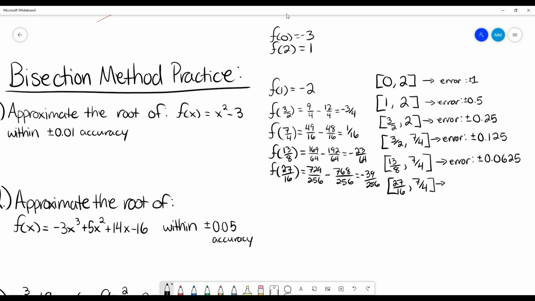7/4. And now our maximum error is, let's see, what is, oh Lord, okay. Hold on. So that's 27/16, and then that's, what did we say that was? 28/16, so they're 1/16 away, so our error is going to be 1/32.